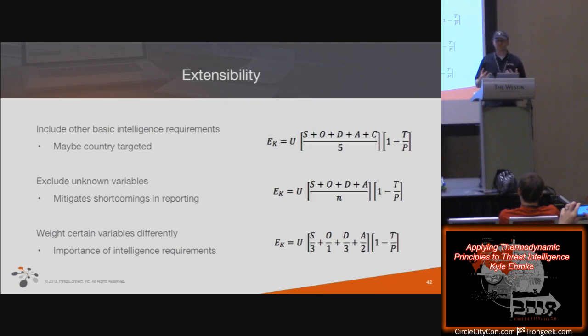Or maybe you want to weight certain variables differently to reflect more important intelligence requirements for your organization. Then this is maybe how an equation like that would look, where activity targeting your organization is more important than the other variables. That vector section of the equation is where you can easily change things up based off of your own organization's needs.